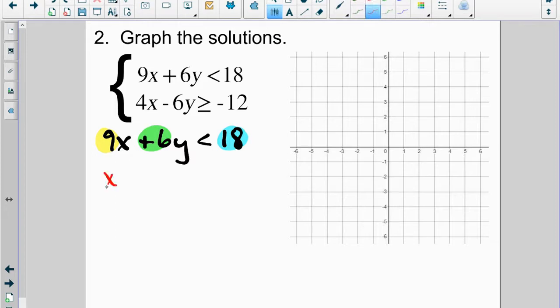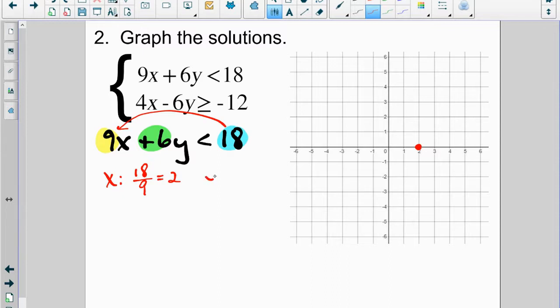All right, so to find our x-intercept, we're basically canceling out the y term and solving what's there. 9x equals 18. Well, to do that, I would just divide. I'd take 18 divided by 9, which is 2. So I have an x-intercept of 2 for that first inequality.